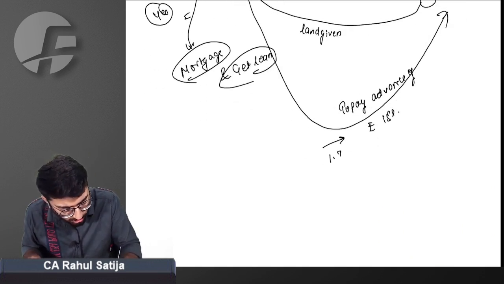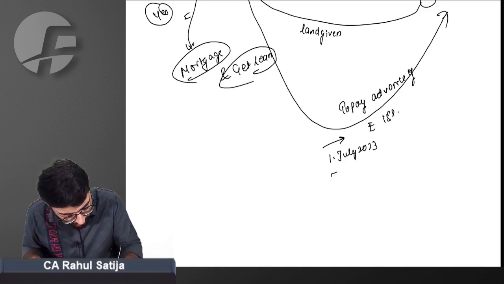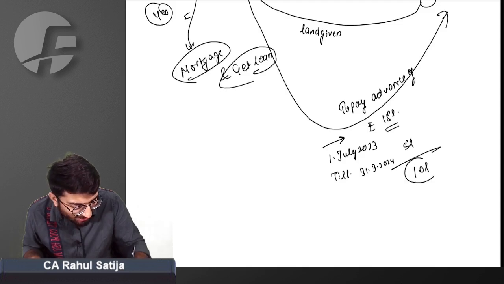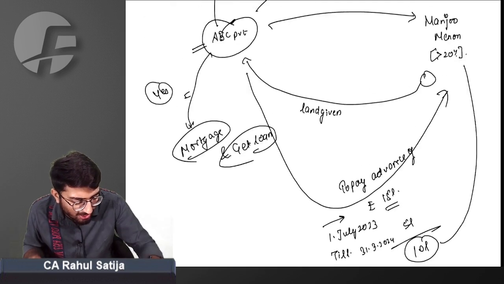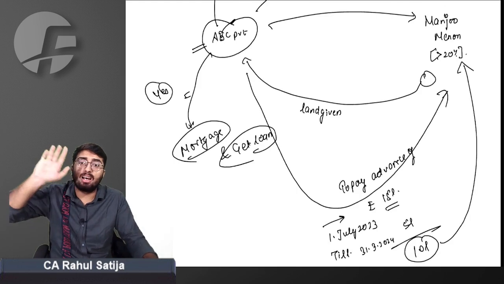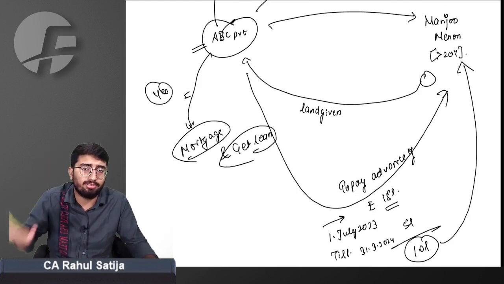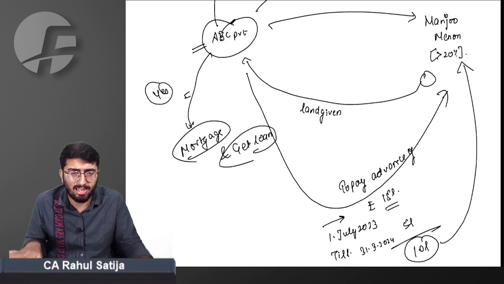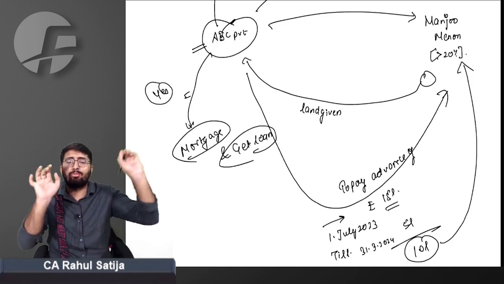This advance rent was paid in July 2023. Till 31st March 2024, advance rent of rupees 5 lakh has been adjusted, yet 10 lakh advance rent is outstanding as on 31st March, already advanced to Manju Menon.